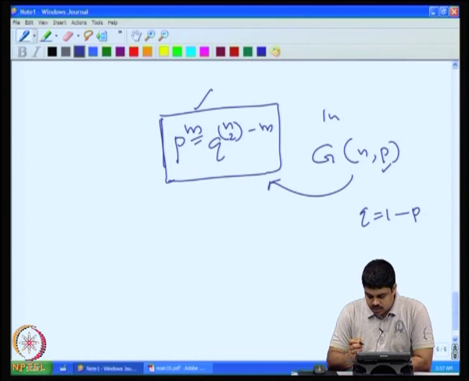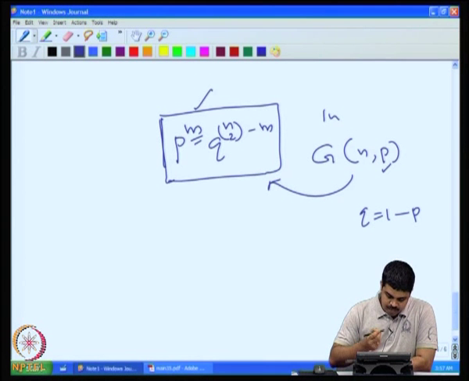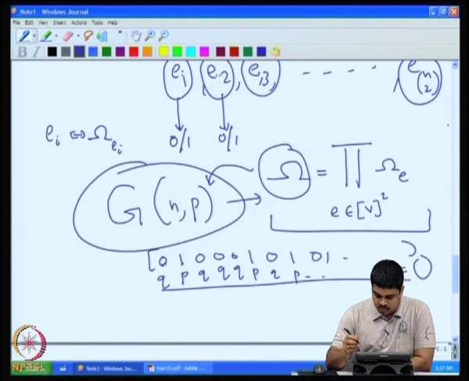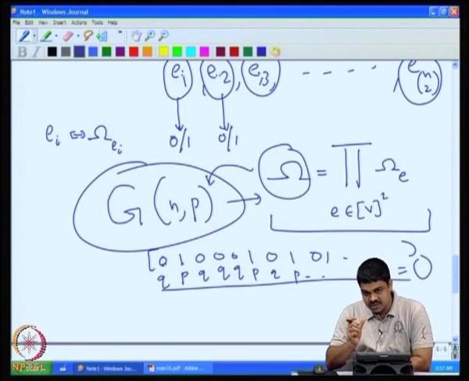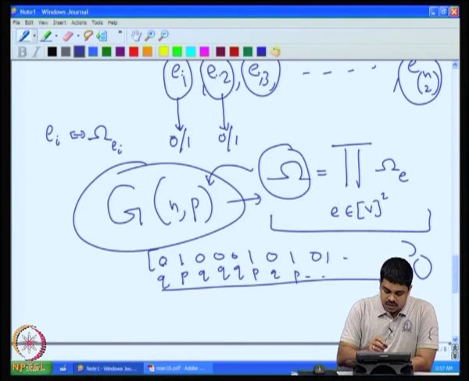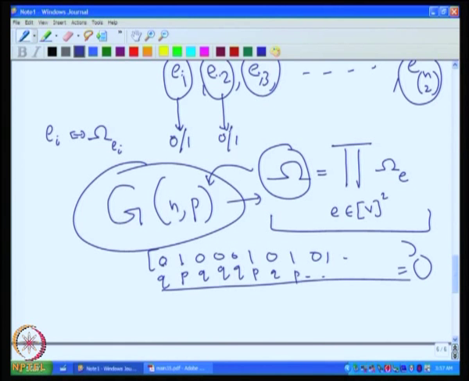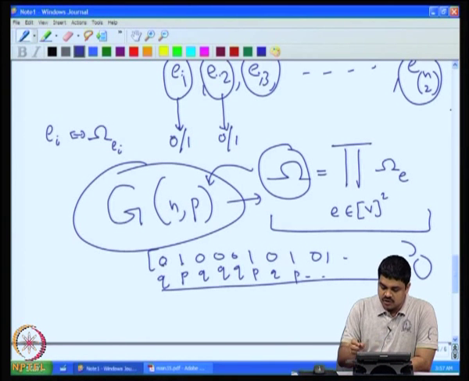Now, the way we have introduced it is as the product space of many small spaces, because a small probability space was associated with each edge with just two outcomes 0 or 1, which means that the edge is selected or not selected with probability p or 1 minus p. And then we could interpret each graph as the Cartesian product of these outcomes, that is, edge is selected or not selected over all the edges.